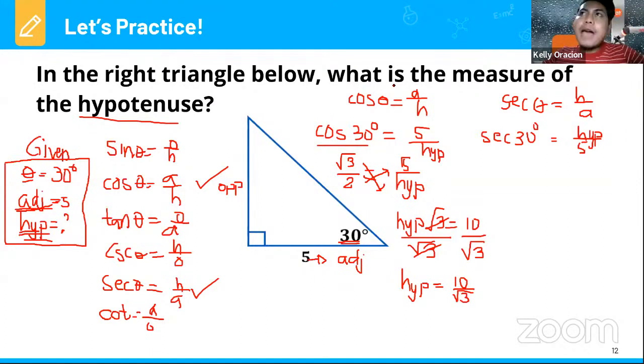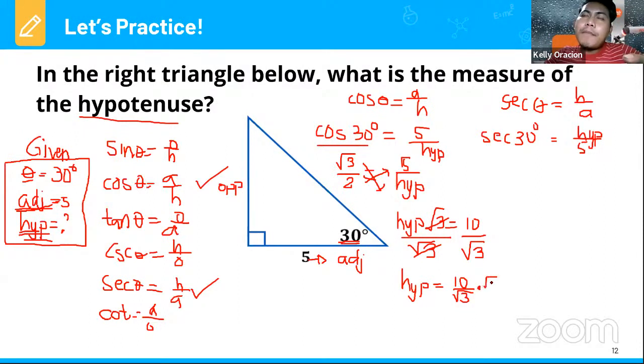Now, in mathematics, we do not allow a radical sign in the denominator. So we have this process called rationalizing the denominator. Kailangan natin mawala itong radical sign sa denominator. So anong gawin natin?